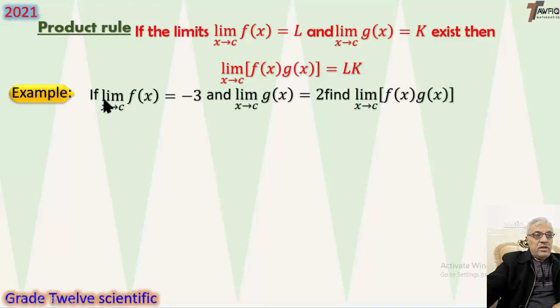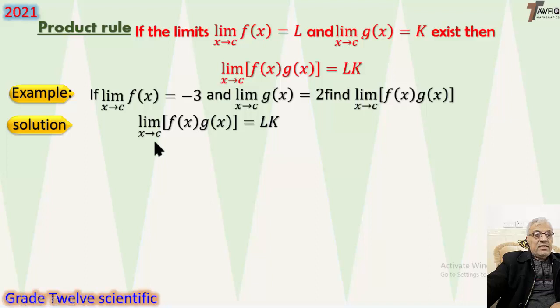For example, if the limit of f(x) is equal to minus 3 and the limit of g(x) is equal to 2, find the limit of f(x) times g(x). It is equal to L times k. Therefore, minus 3 times 2 becomes minus 6.